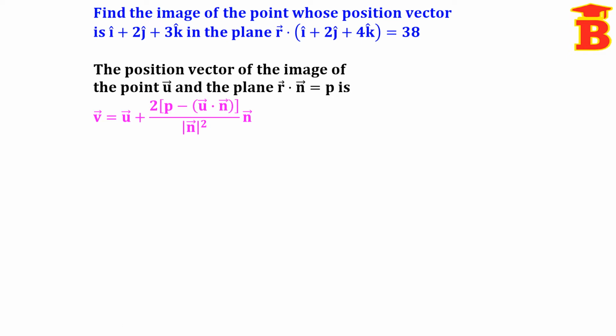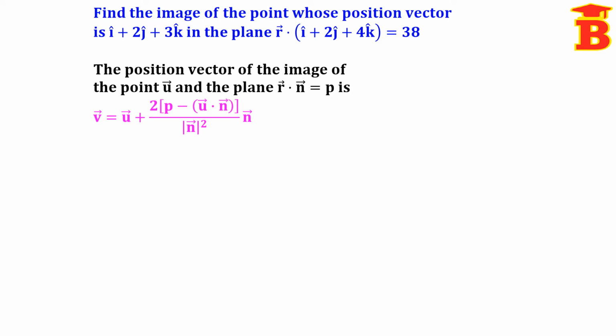So here the question is find the image. So remember this image formula. Here u vector is the point and n vector is the vector given in the plane and p is the perpendicular distance.